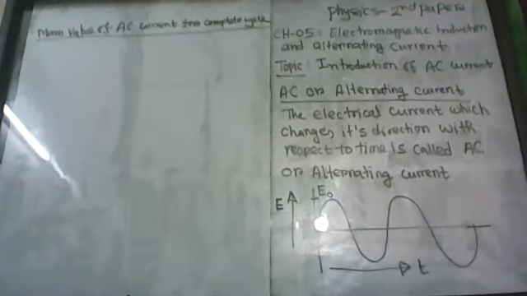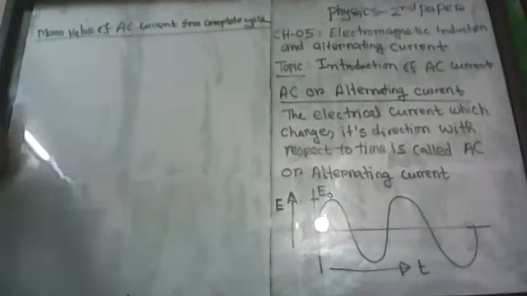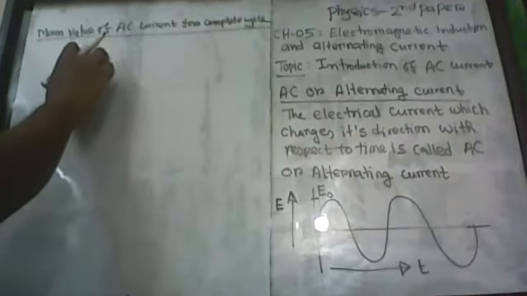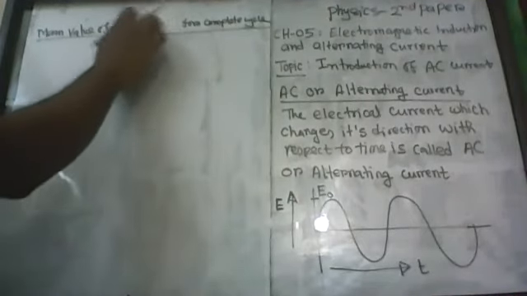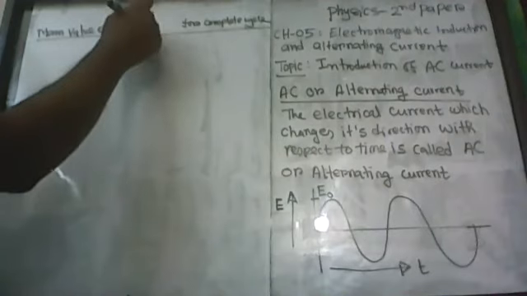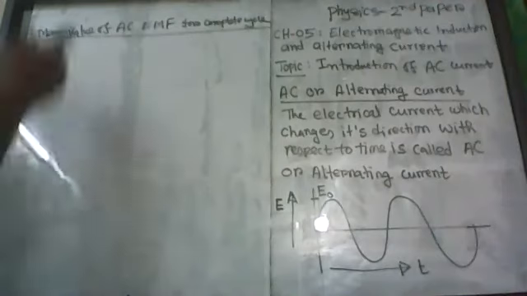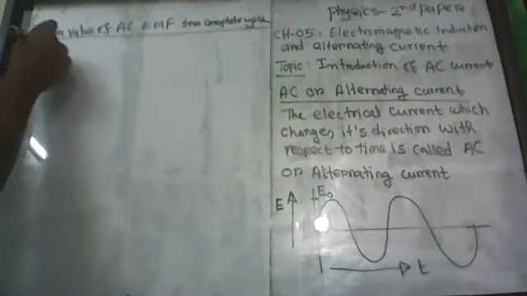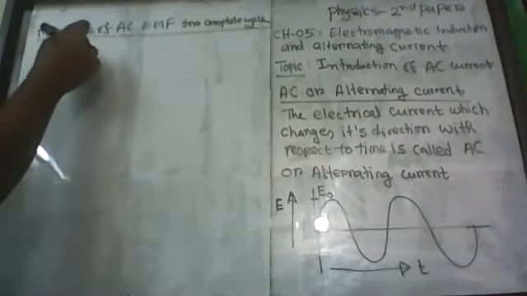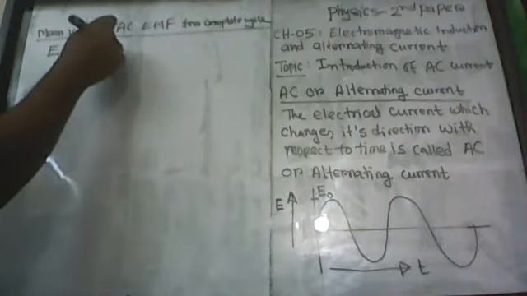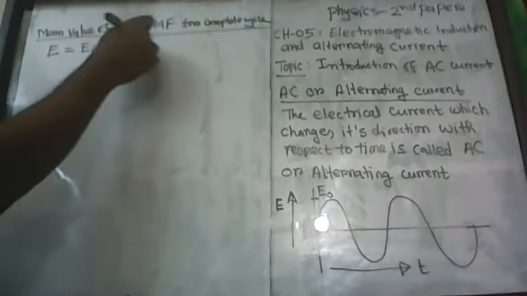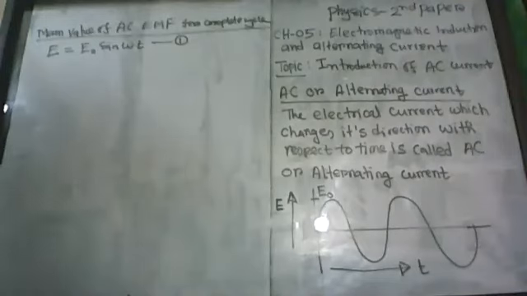Boys and girls, you see that the AC EMF, electromotive force. You know that the equation of AC current or AC electromotive force E is nothing but E naught sine omega t, equation number 1.